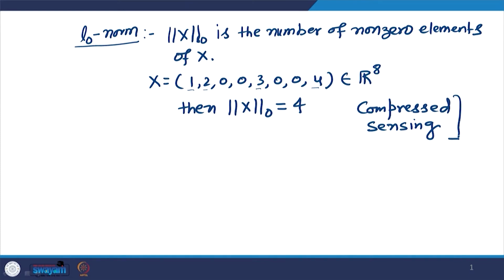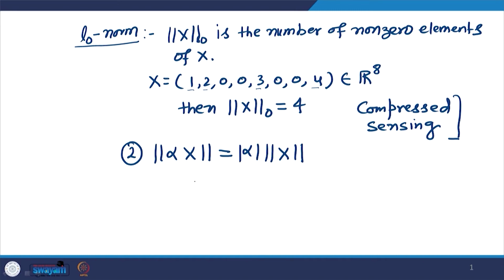Why am I saying strictly it is not a norm? Because if you remember the second property of a norm, if you are having a scalar alpha and a vector x, then the norm of alpha x equals the absolute value of alpha times the norm of x.